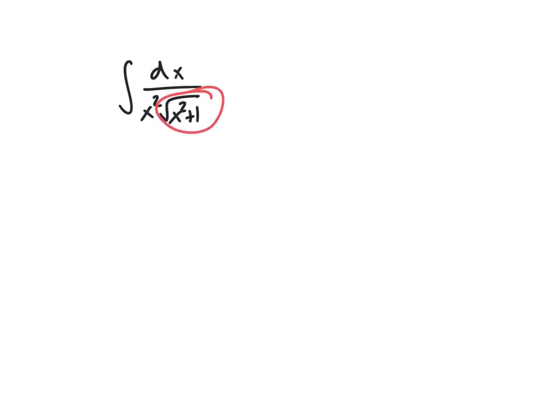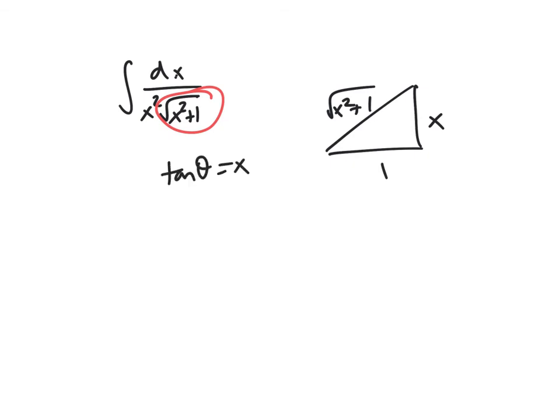And so which one should this be? Well, the square root of x squared plus 1 is the one that occurs on the hypotenuse. And so we should have x and 1 here. And so in this case, we could just use tangent theta is x, in which case our dx is going to be secant squared theta d theta.